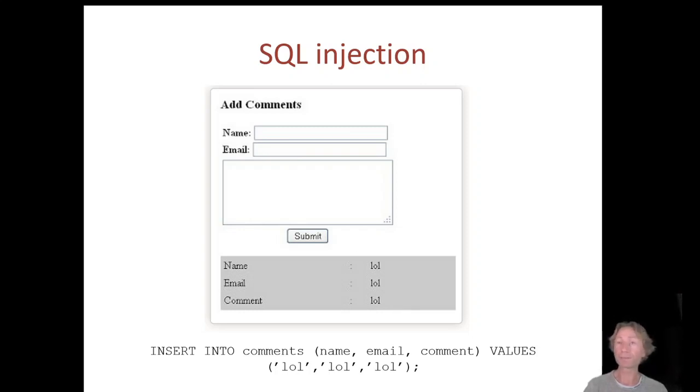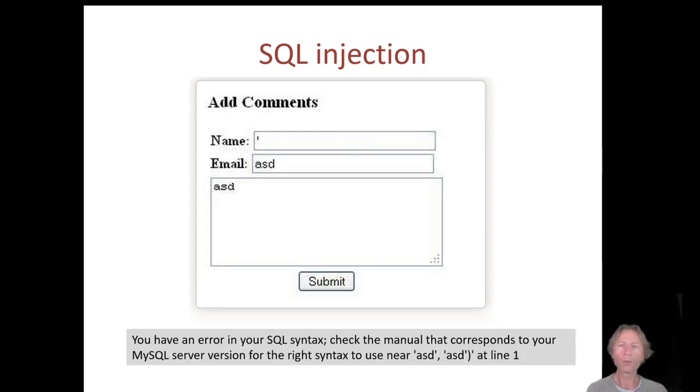Okay, fantastic. So what can we do with that? Well, what we said we would do is we would use these special characters, such as ticks, in our queries to maybe manipulate the SQL query string that is crafted. So let's see how that pans out. In this case, we've used a single tick in the name field on the form and some arbitrary strings for the other two fields.